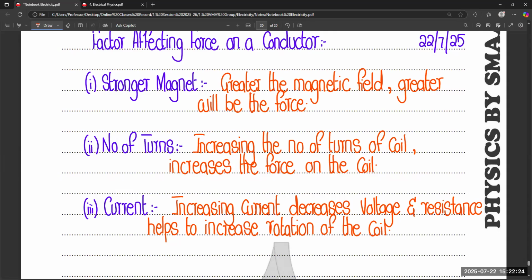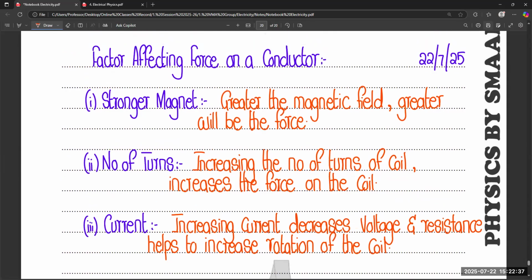So this is the third factor. These are the factors that help to increase the rotation or the force on a current carrying conductor in a uniform magnetic field.